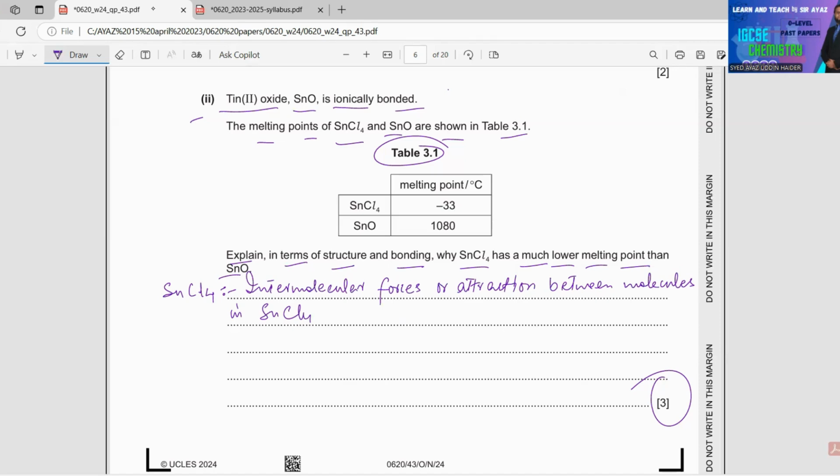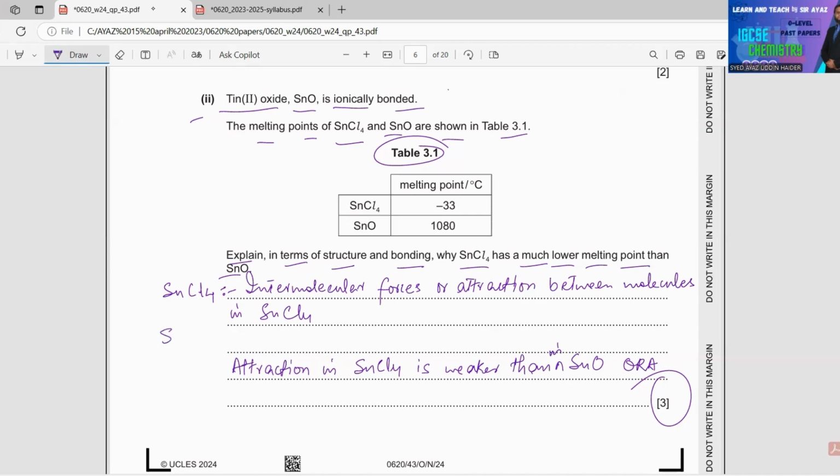Then you can write the attraction in SnCl4 is weaker than SnO. You can have a reverse argument, like the attraction in SnO is stronger than in SnCl4.